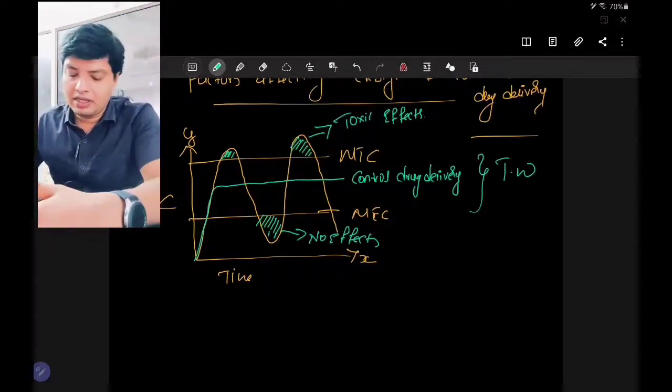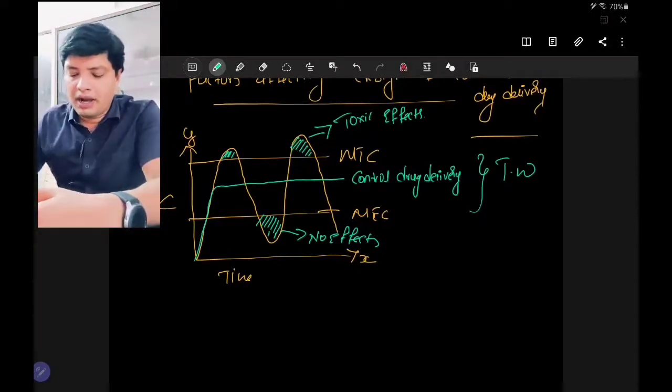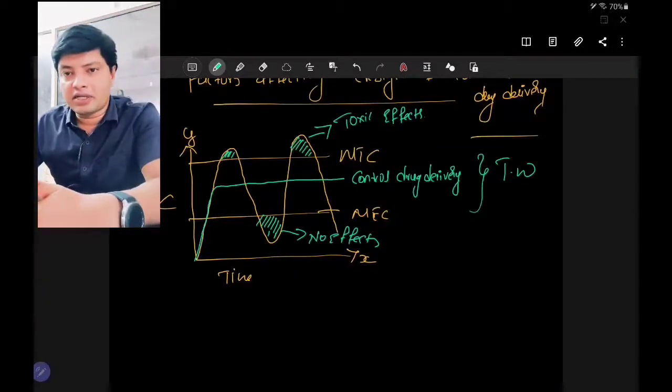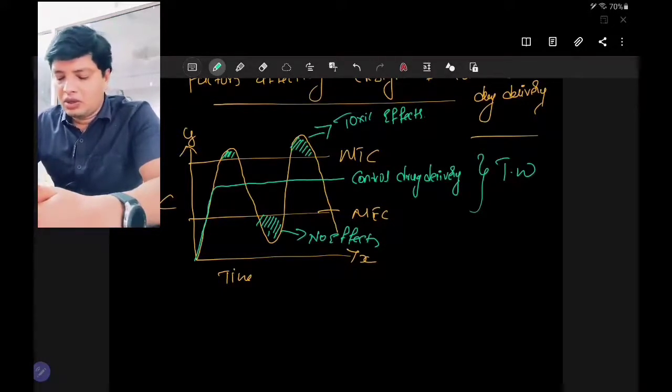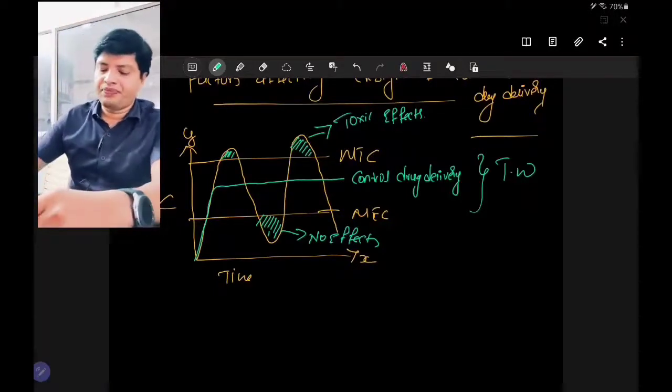See, this is the controlled drug delivery. You can clearly see here there will be no ups and downs in the plasma drug concentration of the given drug. So this will avoid your unwanted side effects, or no effect, which is caused due to the low concentration of the drug below the minimum effective concentration.